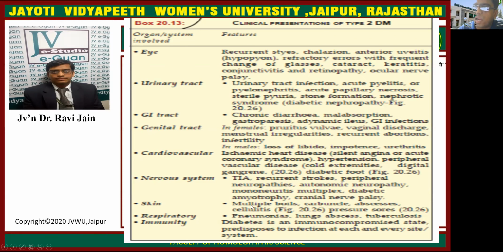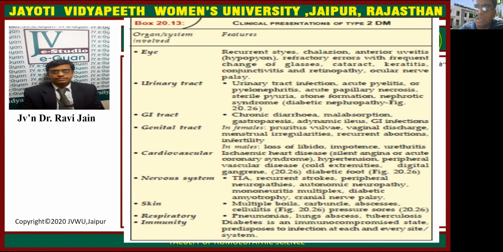In the urinary tract, there will be frequent urinary tract infections. The patient of diabetes mellitus will complain of frequent or recurrent UTIs. The patient will complain of acute pyelitis or pyelonephritis. He will also complain of acute papillary necrosis.